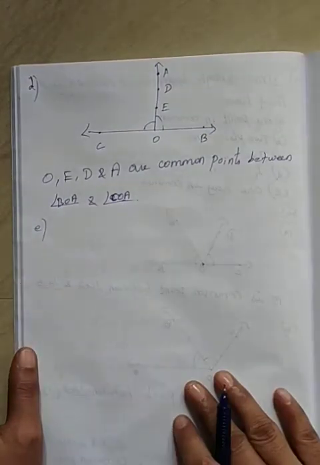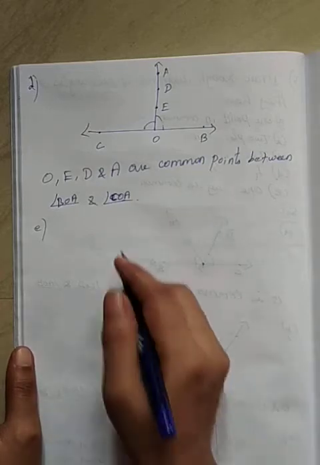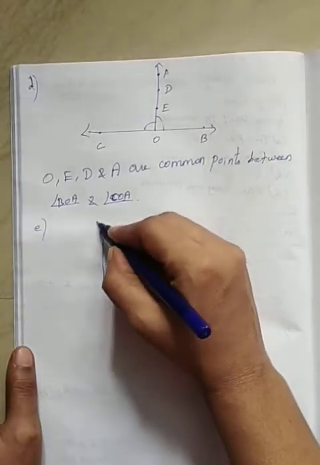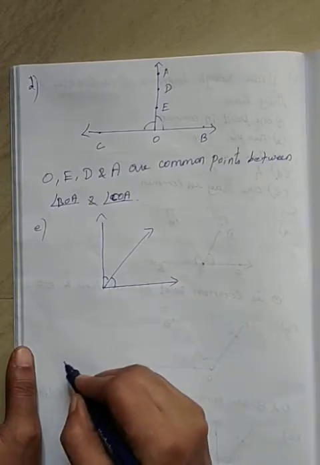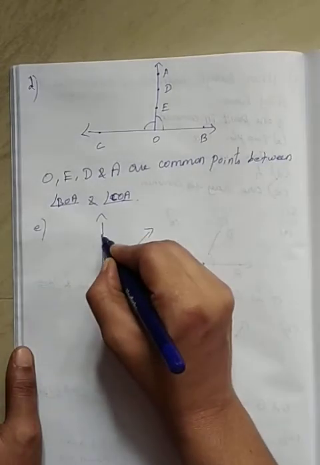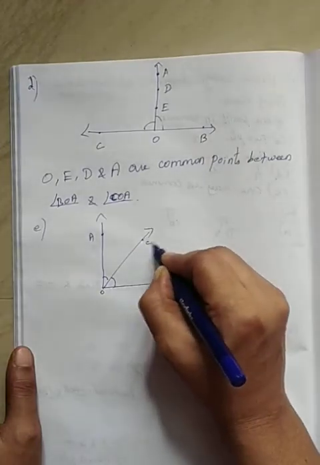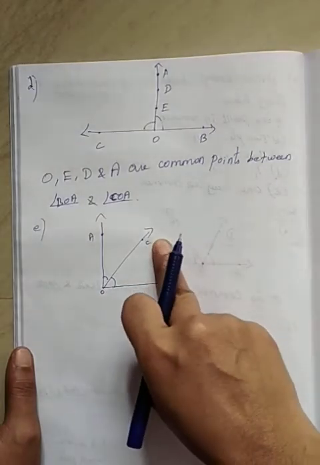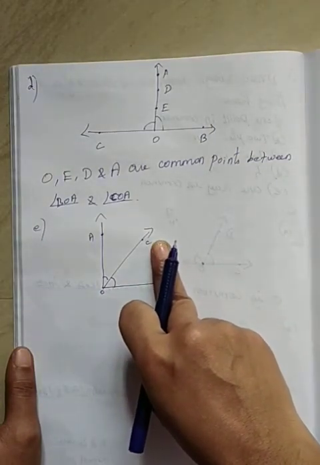The fifth one. What is the fifth one? One ray in common, but 2 angles you need. How can you draw? 2 angles means I have to take in this one. See here, 2 angles. First I have to note down the names. This is O, A, B. This one is C. What is that? OC is the common ray between, that means one ray, 2 angles.